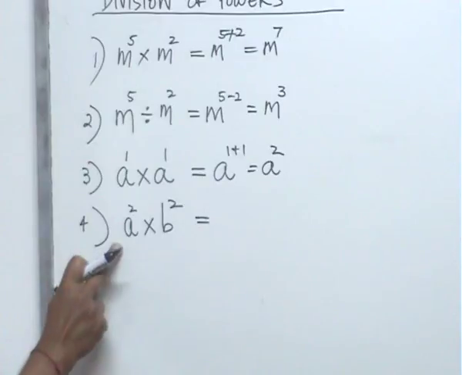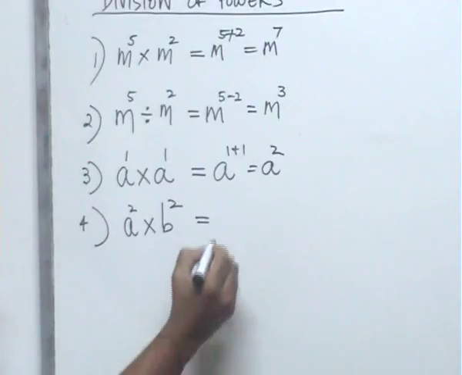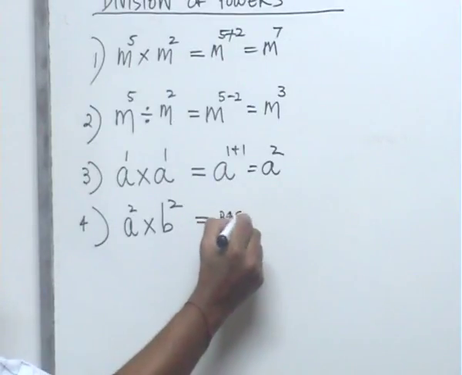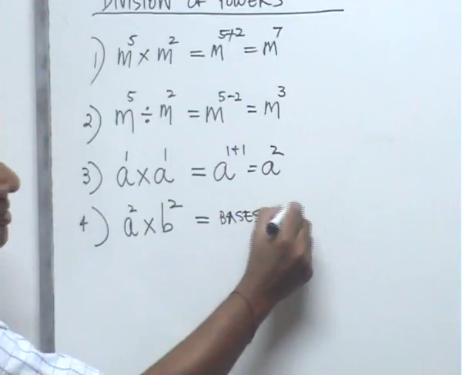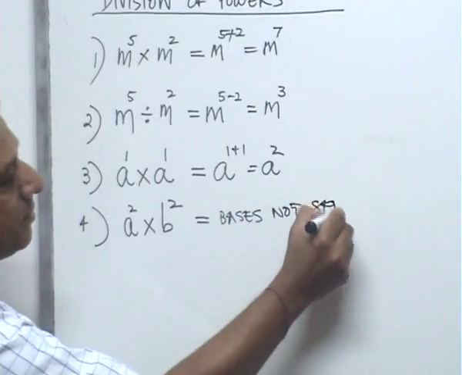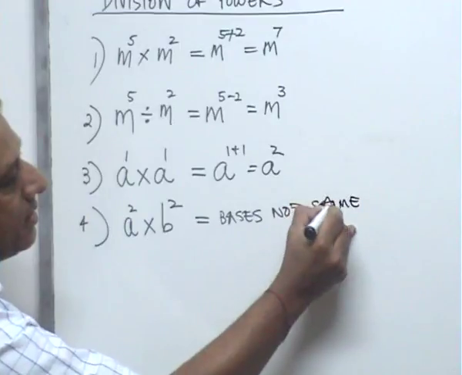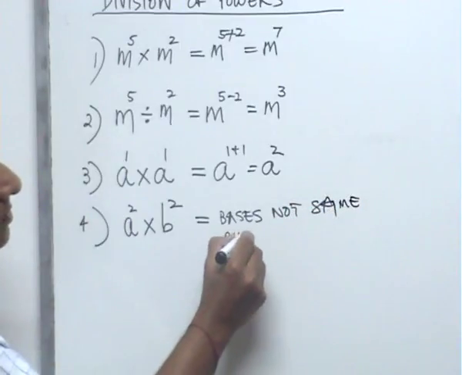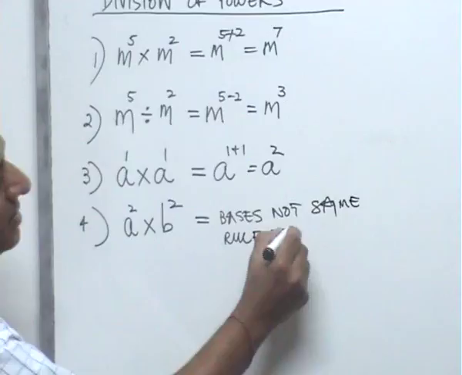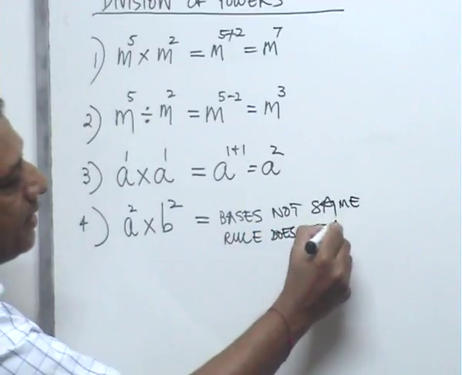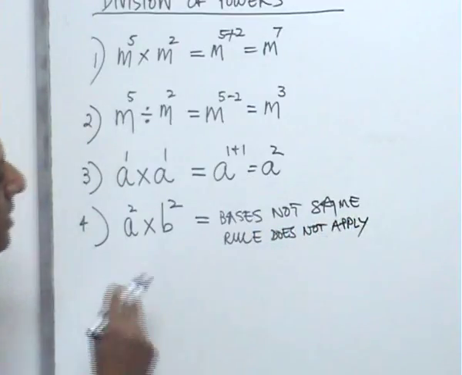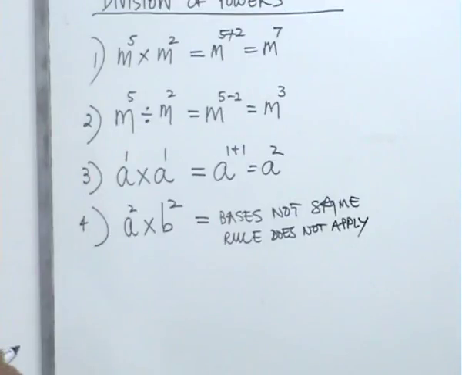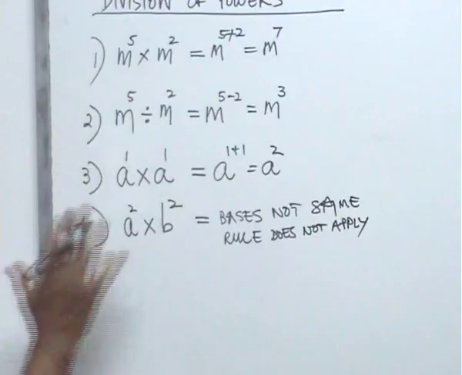Well, when you look at this example, you'll say bases are not the same, right? So the rule does not apply. See, bases are not the same, so the rule does not apply. Alright, so that's simply how you do.